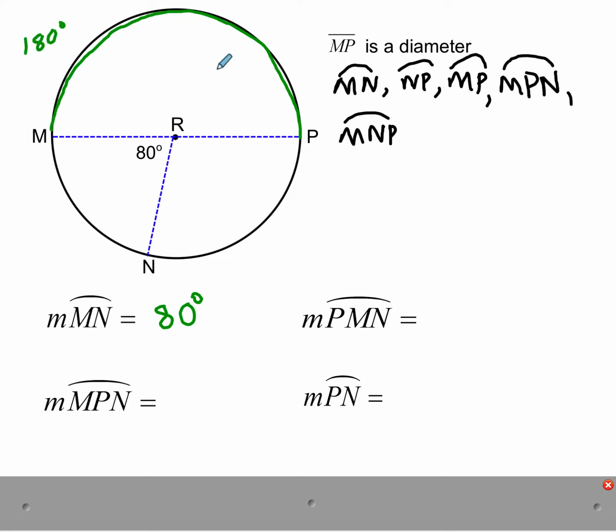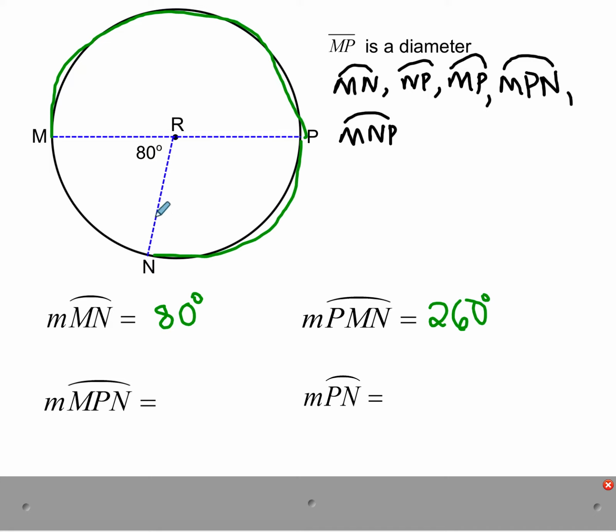So to find PMN, we need to take 180 degrees and add it to 80 degrees. So 180 plus 80 is 260, and that's going to be the measure of arc PMN. Okay, but now what about arc MPN, going from here to here to here?